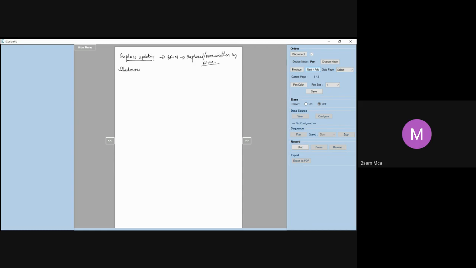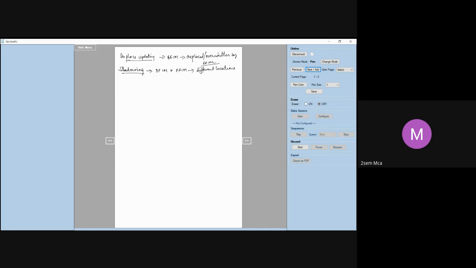What happens in case of shadowing? Anyone? In case of shadowing, BFIM and AFIM both are placed in different locations.